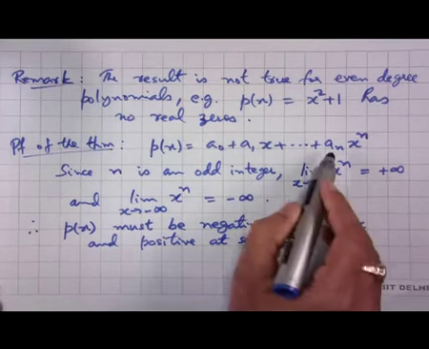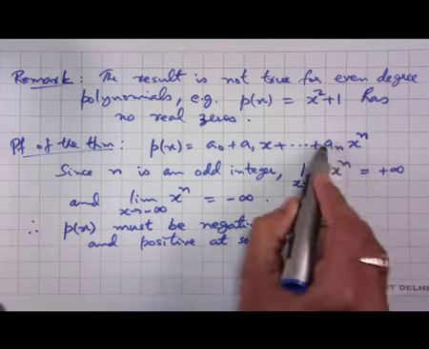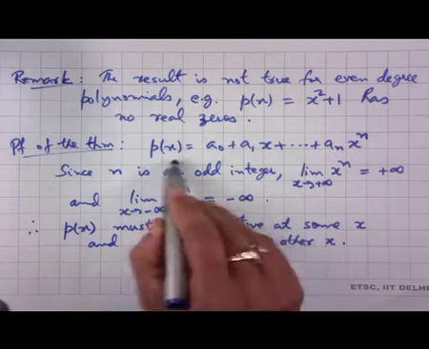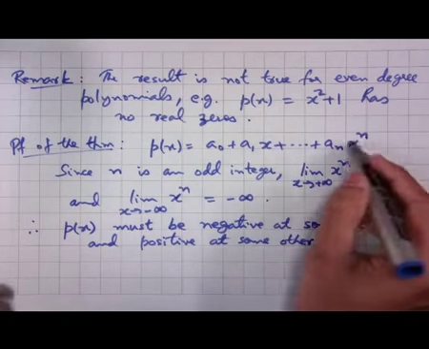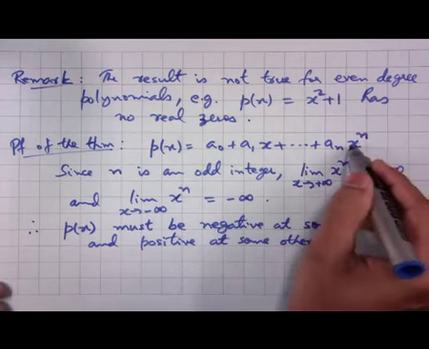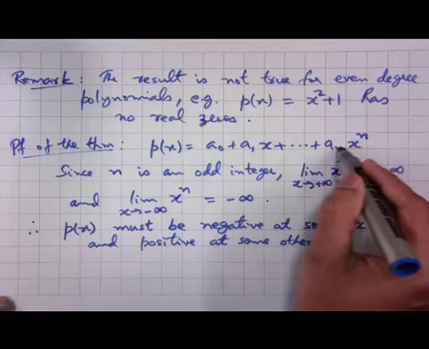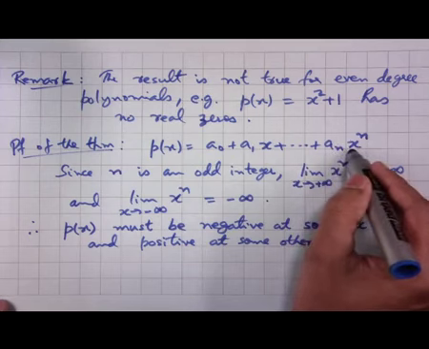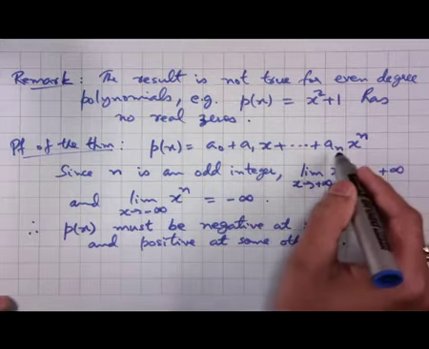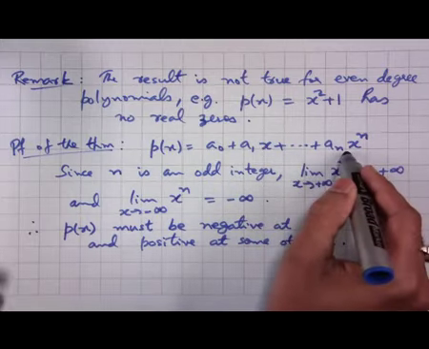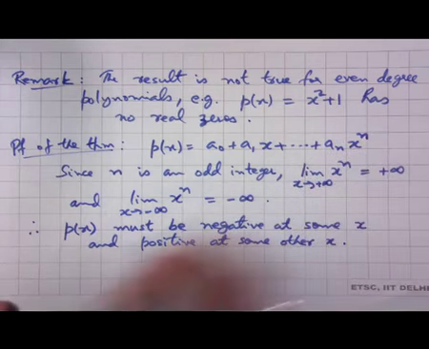Right, this will depend on the sign of this a n. If a n is positive, then p of x will approach positive infinity as x goes to infinity and negative infinity as x goes to negative infinity. That means that if you take x large enough, then p of x must be positive, and if x is a large negative number, then p of x must be negative, and if a n is negative, then you have the other way.